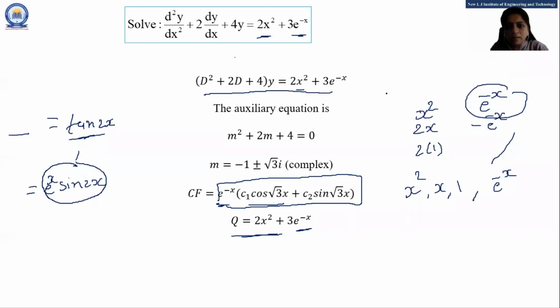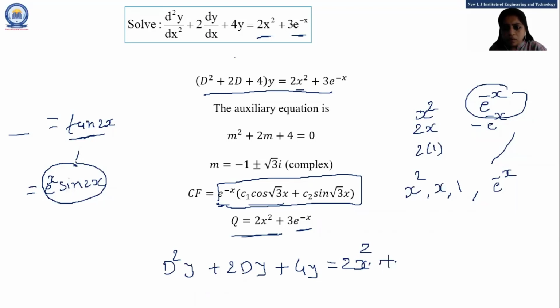Right? And in this equation, if we split this bracket, what we have? Our first term is d square y. Second term is 2 dy. Third term is 4y. And right hand side is what? 2x square plus 3 e raised to minus x, right?